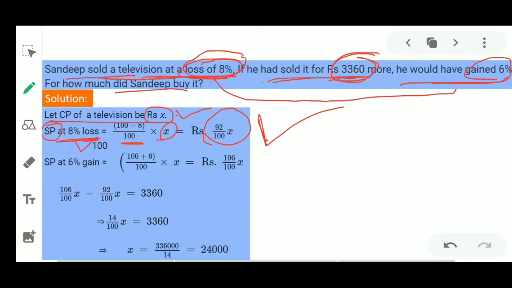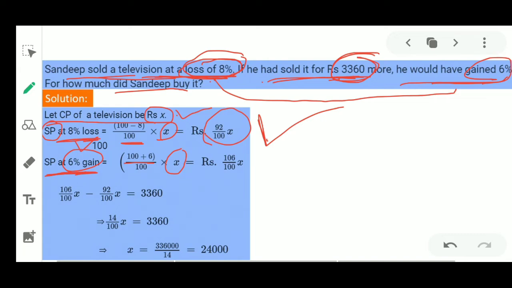Next, selling price at 6% gain, the formula is 100 plus gain percent by 100 multiplied by CP. So 100 plus 6 is your gain percent. So 6 by 100 multiplied by X, that is CP.